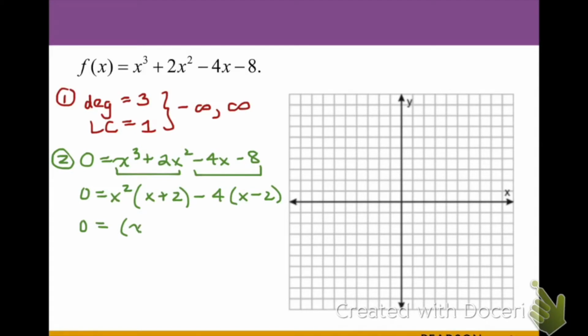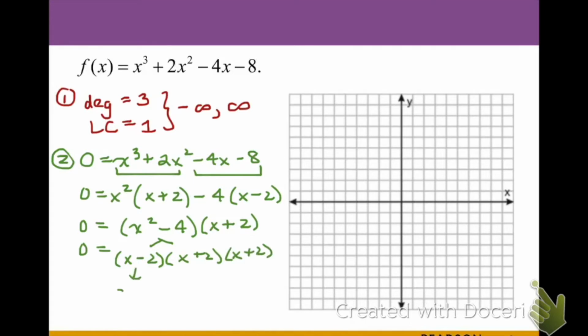It should be an x plus 2. So our 2 factors are going to be x squared minus 4 and x plus 2. We can further break down the x squared minus 4, since this was a difference of squares, into x minus 2 and x plus 2. This means we have 3 factors, which makes sense since our degree is 3.